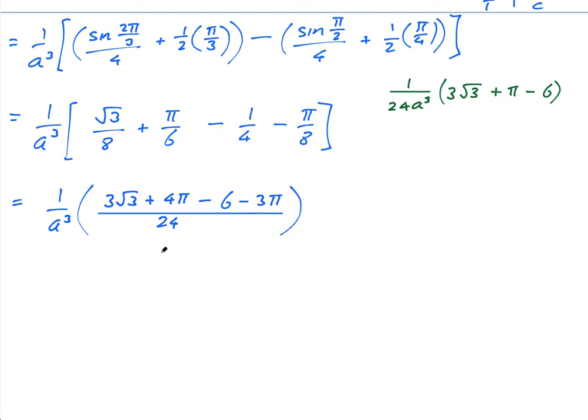Okay, great, because I think this is now good. So this becomes 1 over 24 a cubed, open brackets. I have 3 root 3. 4 pi minus 3 pi is pi, so it's plus pi, and my minus 6, and there we go. And I'm even going to write QED to show that I have shown that.